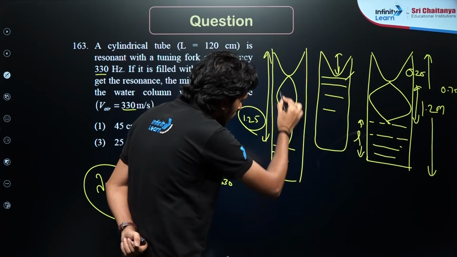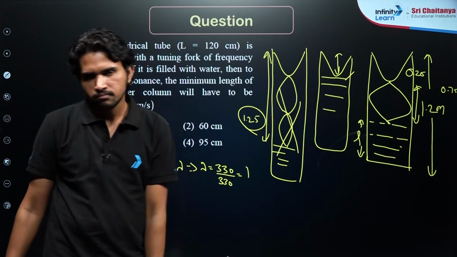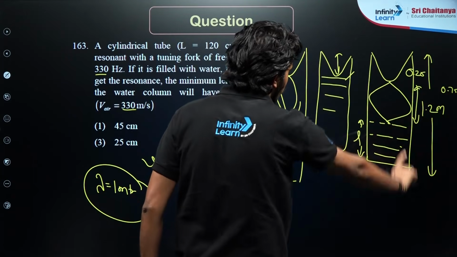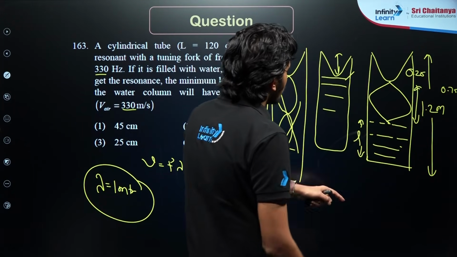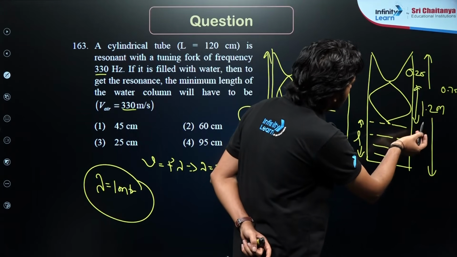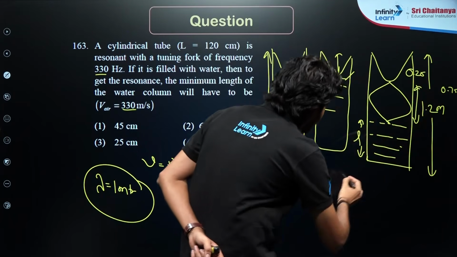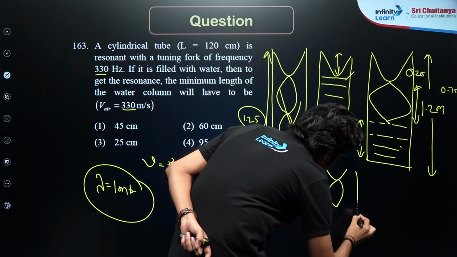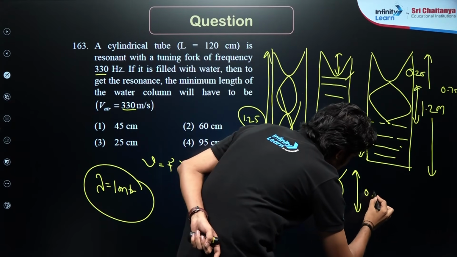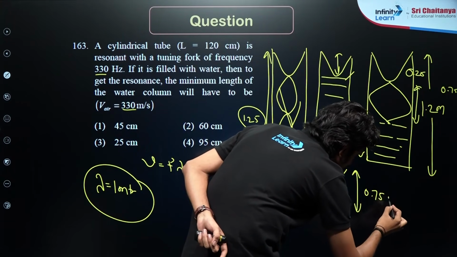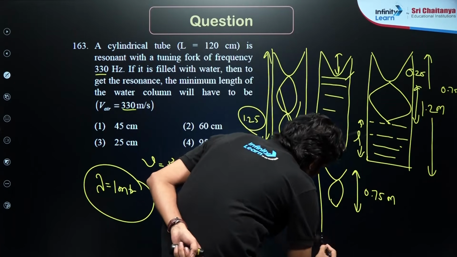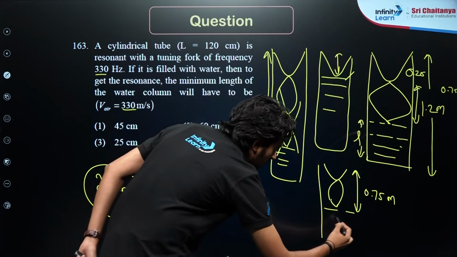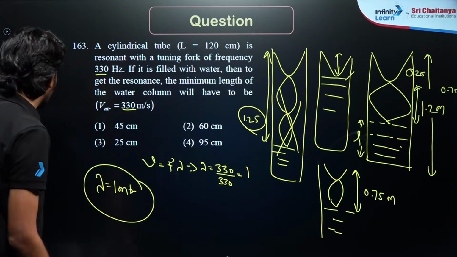So this configuration is not possible. Got the idea? So we have only these two configurations. If we have this configuration, this length is 0.75 meter, and the total length of the organ pipe is 1.2 meter.